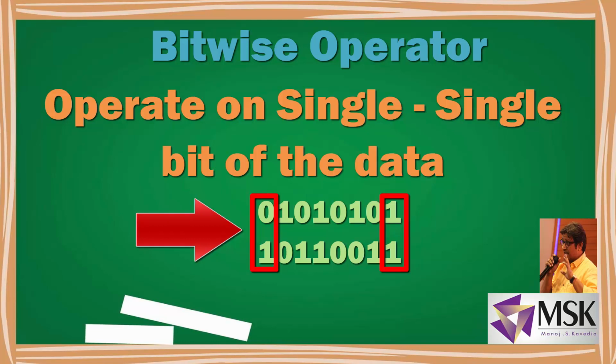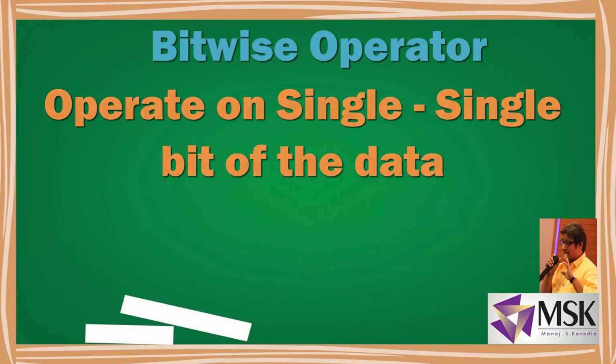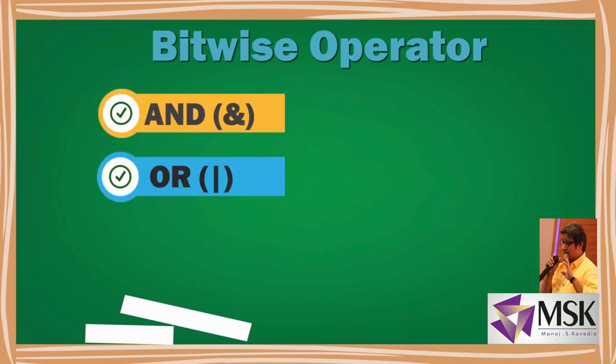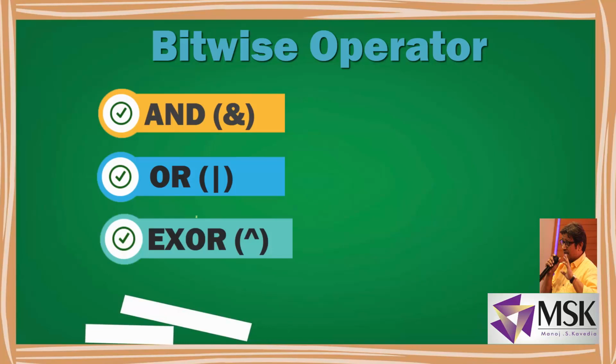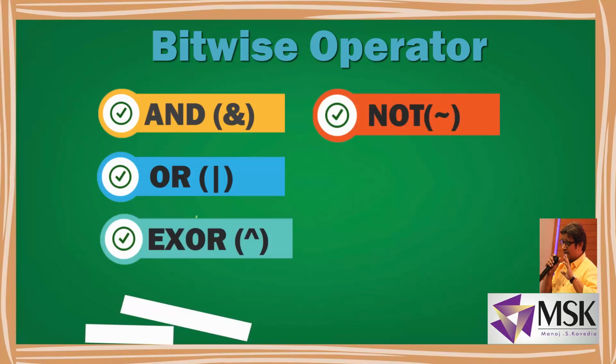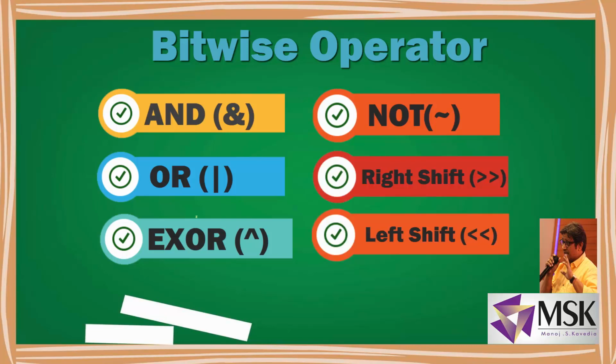In bitwise operators we have AND, OR, XOR, NOT, right shift, whose symbol is two greater than signs, and left shift, whose symbol is two less than signs. So these are the different bitwise operators.